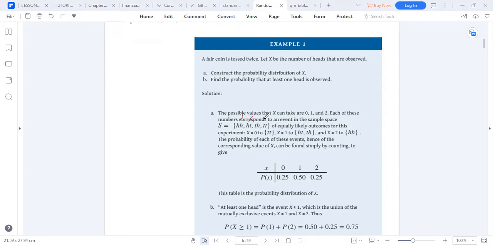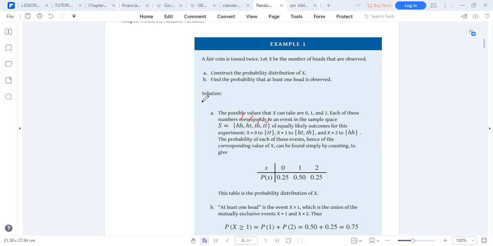We can toss, we get a tail now, then a head for the second time. That is trial number 3. We can toss for the first time, we get a tail, and we toss and get a tail for the second time. So these are the only possible outcomes that we can have if we toss a coin twice.